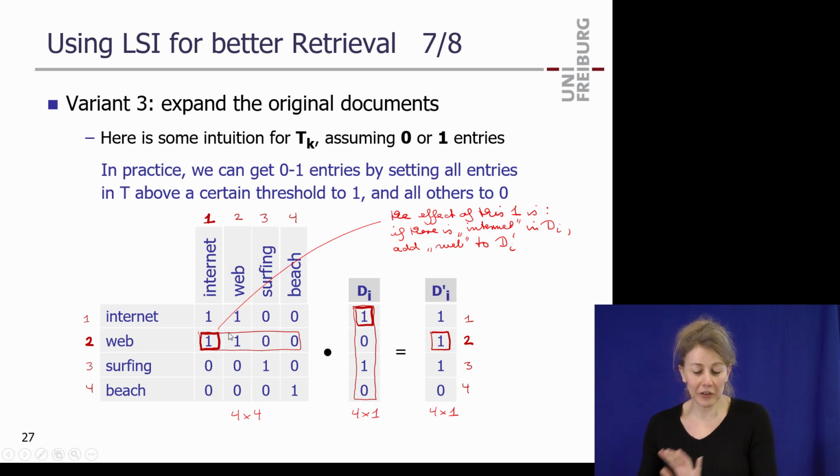That's the effect of this matrix, which means you can interpret these matrices: look at the off-diagonal entries which are large, and they will identify synonymy information. So what this method figured out, if this would have been the result, is that web and internet kind of mean the same thing. You can just compute the matrix and interpret the values like this.